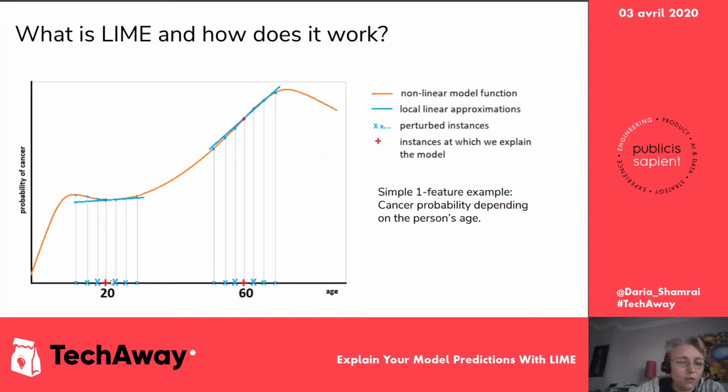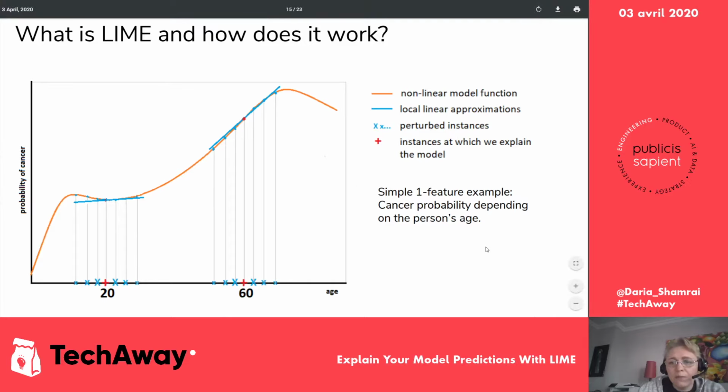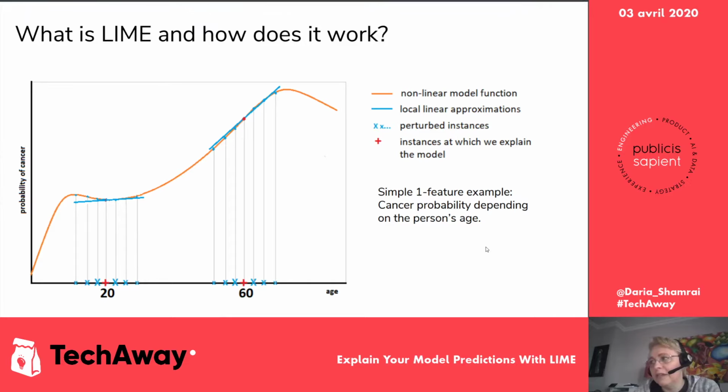Meaning that when you are 20, the probability of getting cancer pretty much stays flat, whether you are 15 or 25. This dramatically changes when you reach 60, and then plus or minus 5 years can mean something. So hopefully this example gives you the idea.